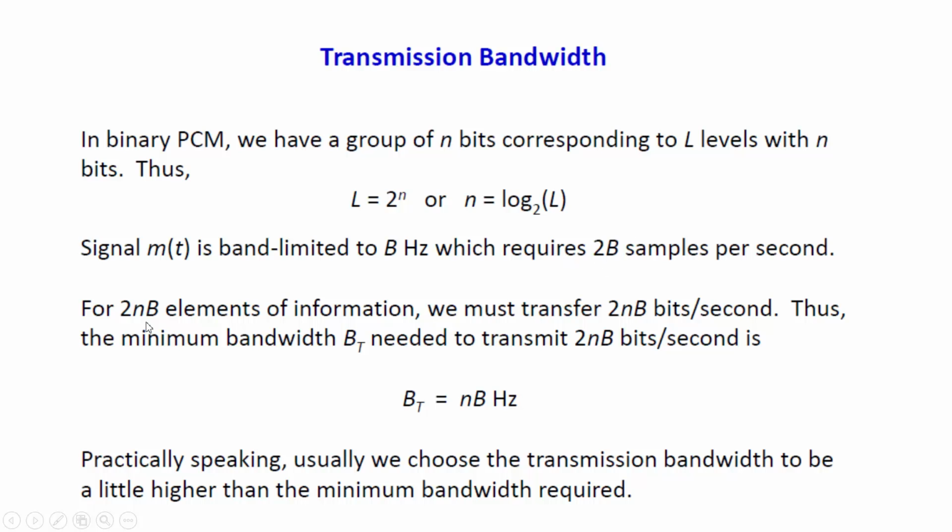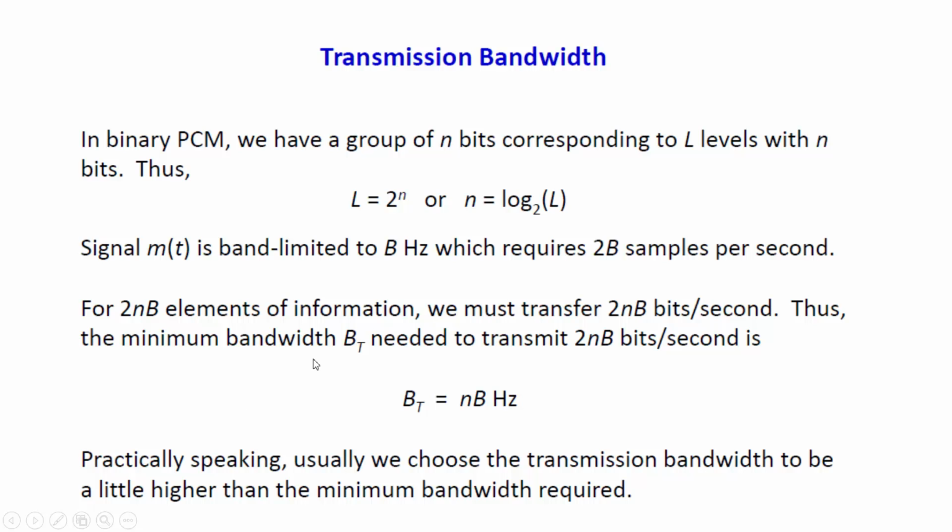It will be 2B times n, because we are using n bits for every sample value. So the total number of information bits per second will be 2nB, and we must transfer 2nB bits per second.